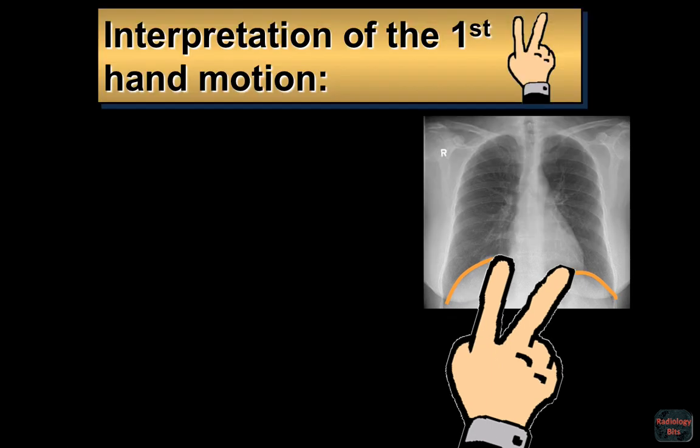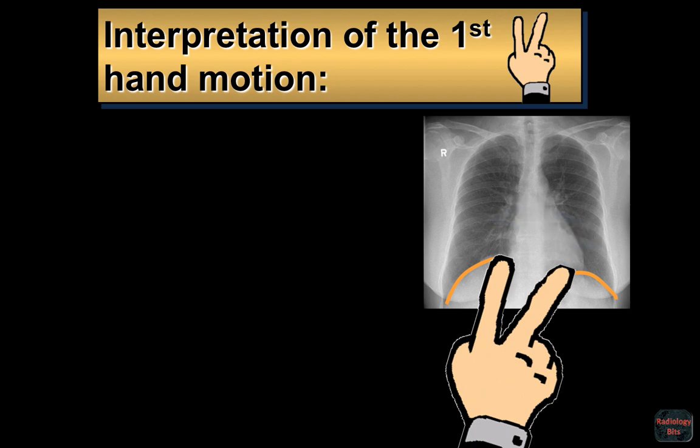So how do we interpret the first hand motion sign, our first victory sign? Let's say you do the hand motion and you notice that there is exaggeration of the tilt in a clockwise fashion. That could mean that the right hemidiaphragm is much higher than normal compared to the left, and it could mean that there is volume loss on the right side, such as a right upper lobe collapse, pulling everything on the right side, including a right hemidiaphragm that appears higher.